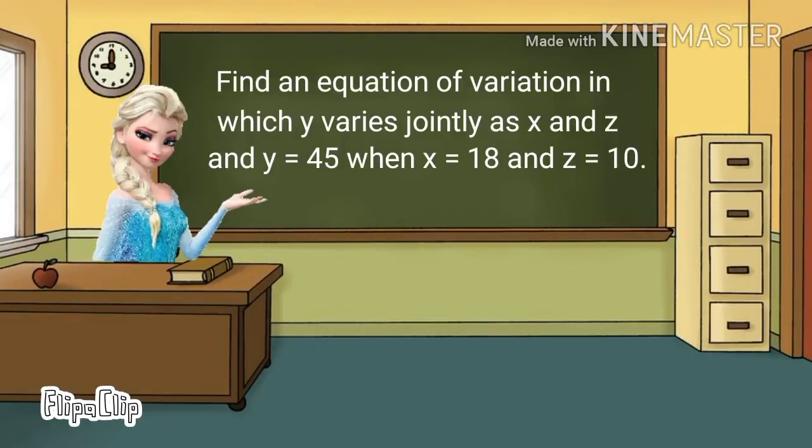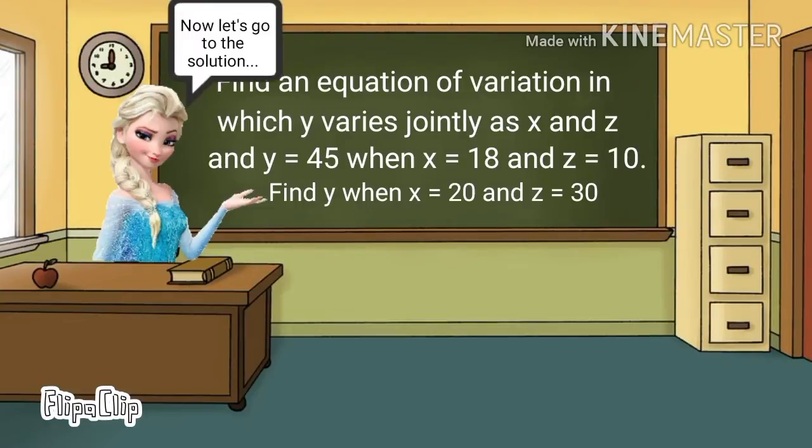For example, find an equation of variation in which y varies jointly as x and z, and y is equal to 45 when x is equal to 18 and z is equal to 10. Find y when x is equal to 20 and z is equal to 30.